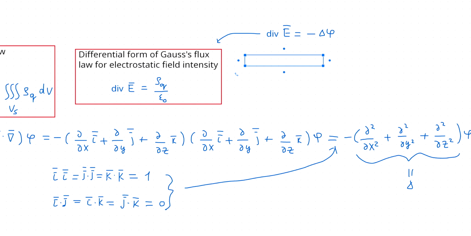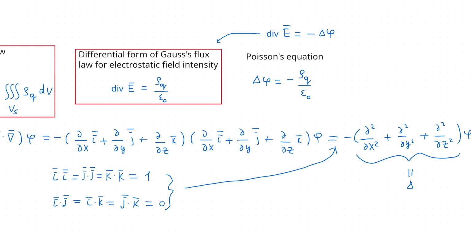According to this equation, Laplace phi is equal to minus rho q divided by epsilon 0.